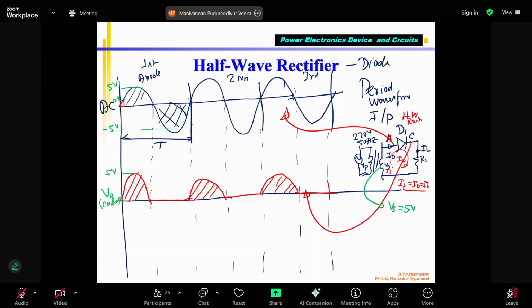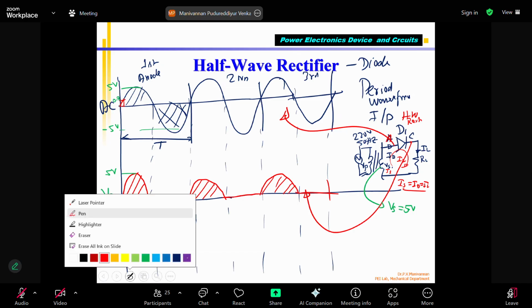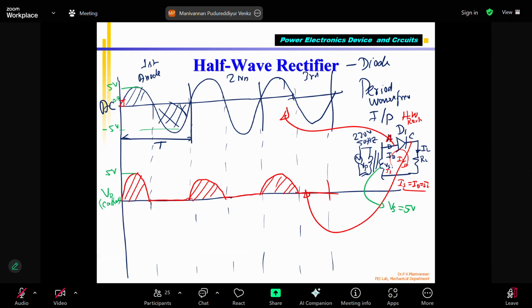For this time, the voltage is less than 0.7, so the diode will not conduct. Once it reaches 0.7 volts, it is forward biased. From here it increases to 2, 3, 4, 5 volts. Then it decreases. This is the peak voltage, 5 volts, positive peak.